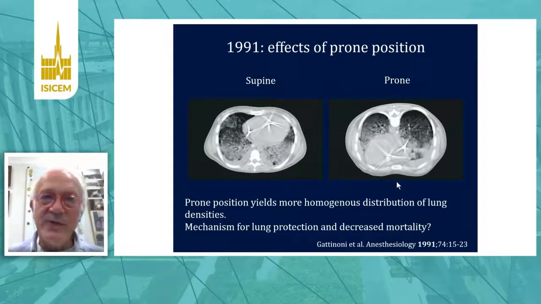We know that proning patients, particularly severe patients, increases survival, but at this time we do not know yet the exact mechanism by which this improvement happens. And I think that CT scan in the future may still offer some additional explanation on which patients are responders and which are not.